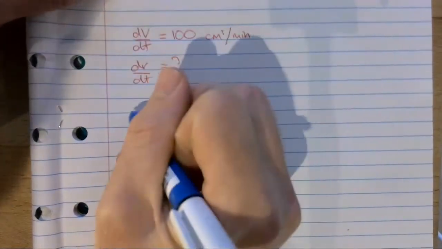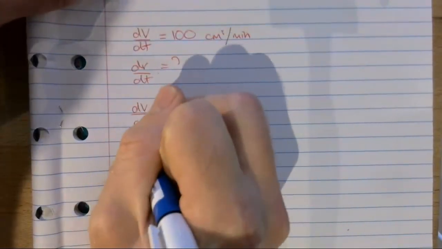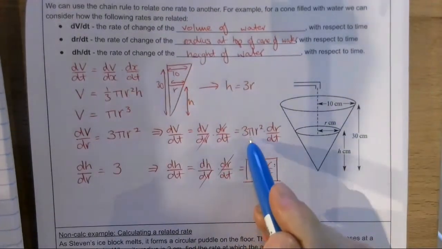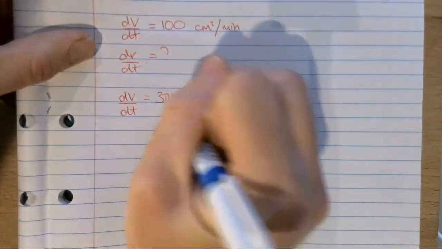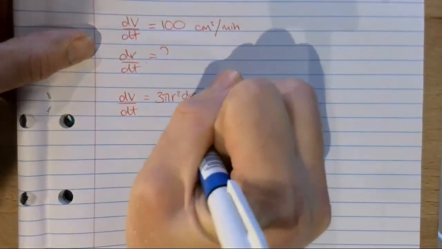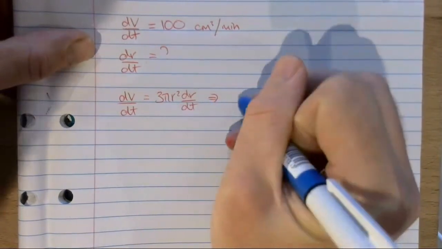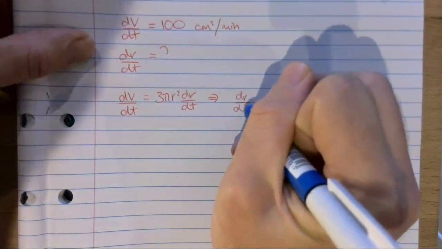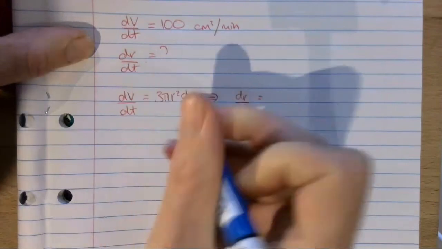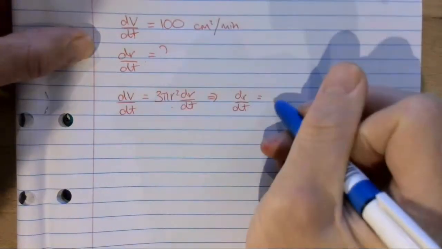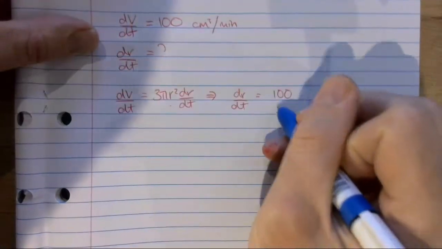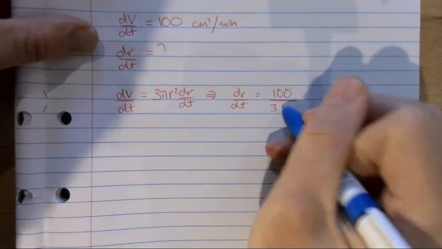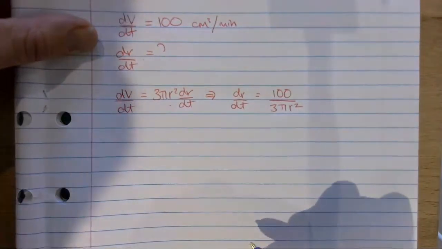Well, using our equation that we just came up with, dv by dt is 3 pi r squared dr by dt. And just rearranging means that dr by dt is dv by dt divided by 3 pi r squared. So 100 divided by 3 pi r squared.